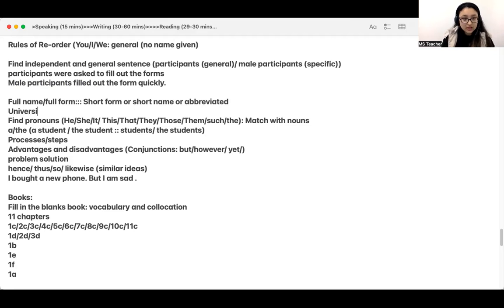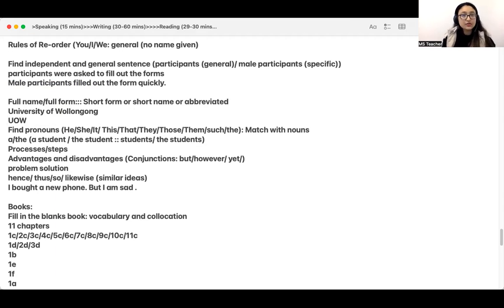Let's say University of Wollongong, and somewhere else UOW. Obviously University of Wollongong will be coming in the first or second or third sentences, and after that you will have UOW. So that's the rule of full form and short form.